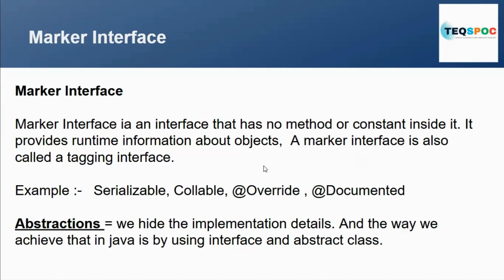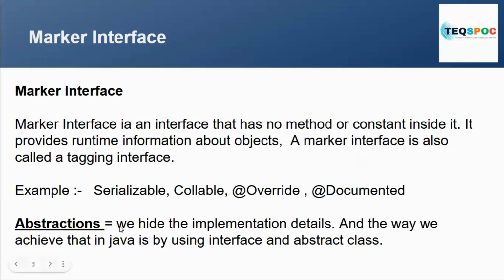These are all marker annotations because they have no static constant or method inside. We just use them as an annotation. Overriding, documented, deprecated are examples of the marker annotation, which don't have a method or constant present inside.